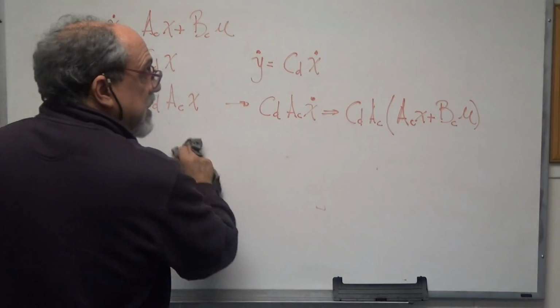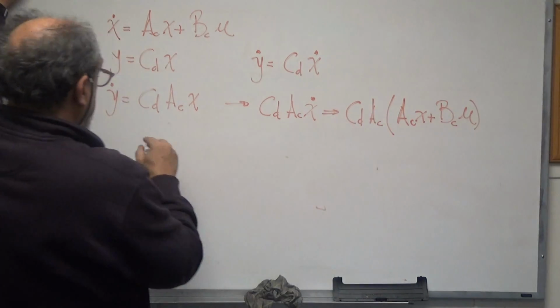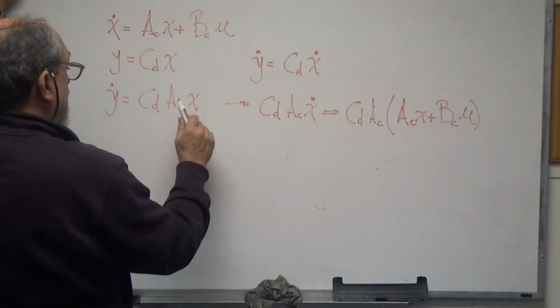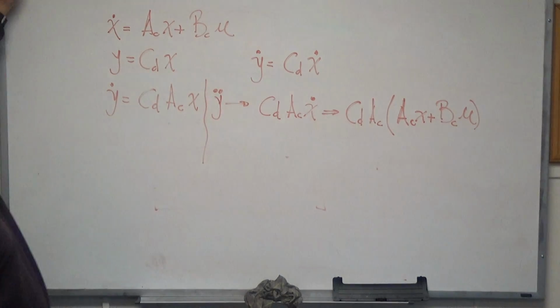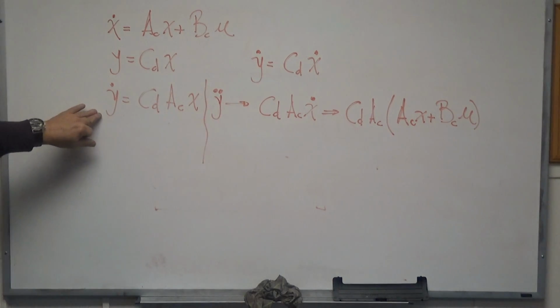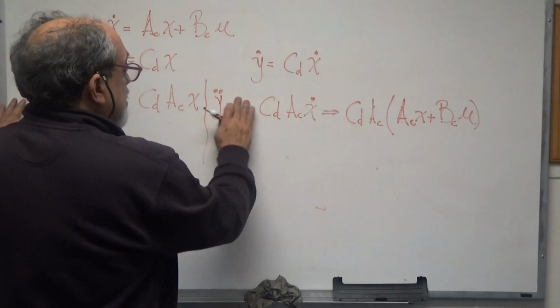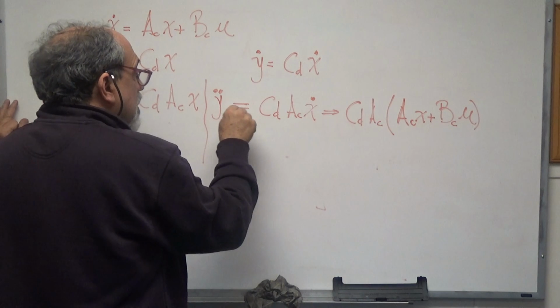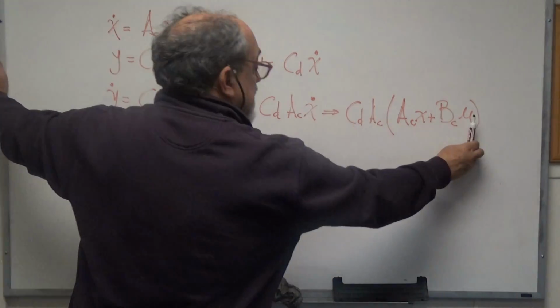Now let me erase this one out of the way. Let me keep on with the displacement part. So that means that what? We should have said y double dot, right? So y double dot is CDACX dot, or CDAC times this.